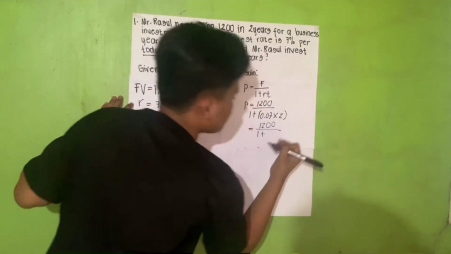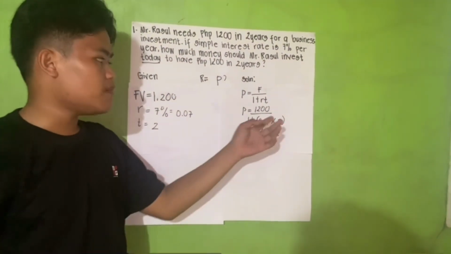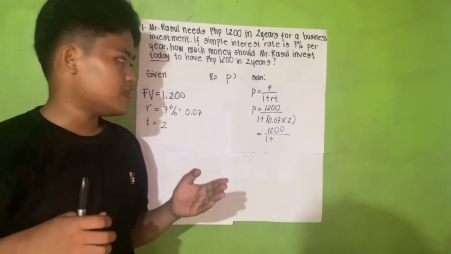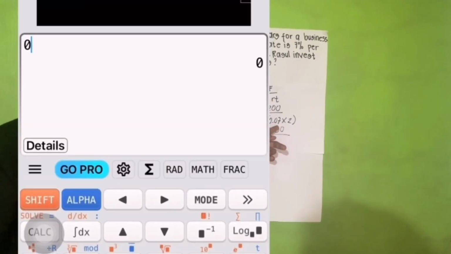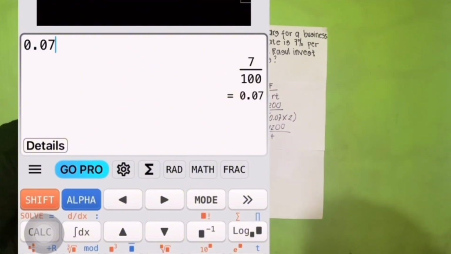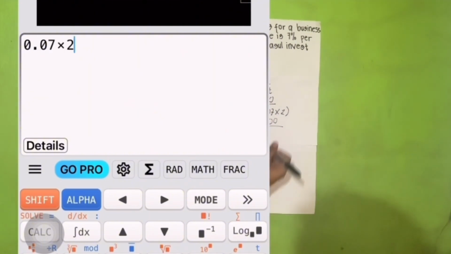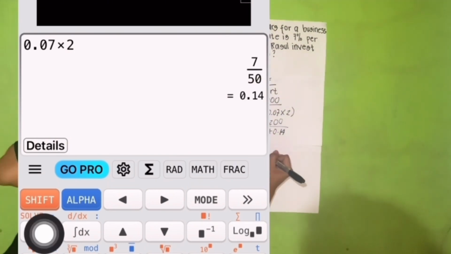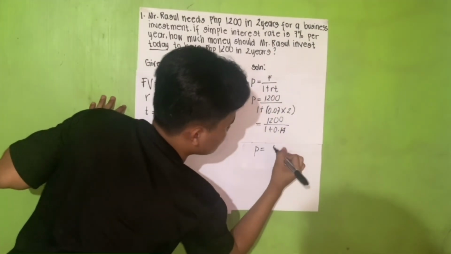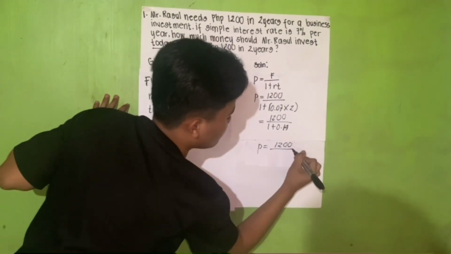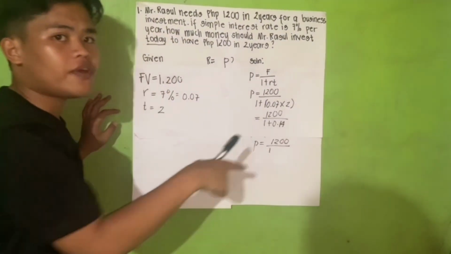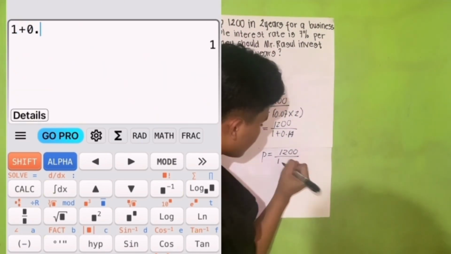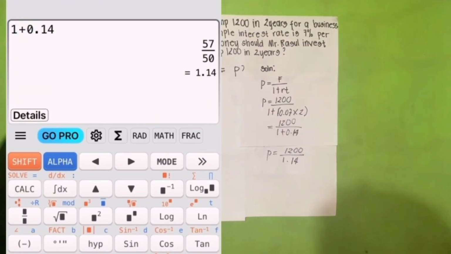over 1 plus. So, unahin muna natin i-solve yung nasa parenthesis. Using our calculator, 0.07 times 2 equals 0.14. Okay, so present value equals 1,200 over 1 plus 0.14, which equals 1.14.